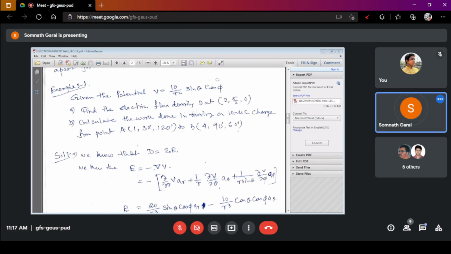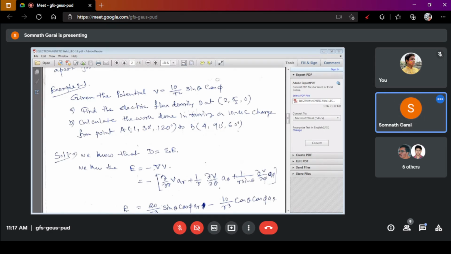Okay, and then we calculate the work done in moving a 10 microcoulomb charge from a point A to point B. The point A whose location is 1, 30, 120 and B whose location is 4, 90, 60. Right? That means both points are situated in the spherical coordinate system.